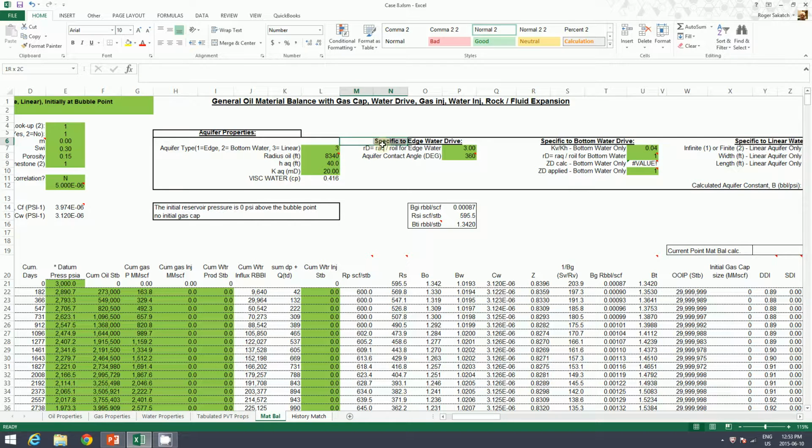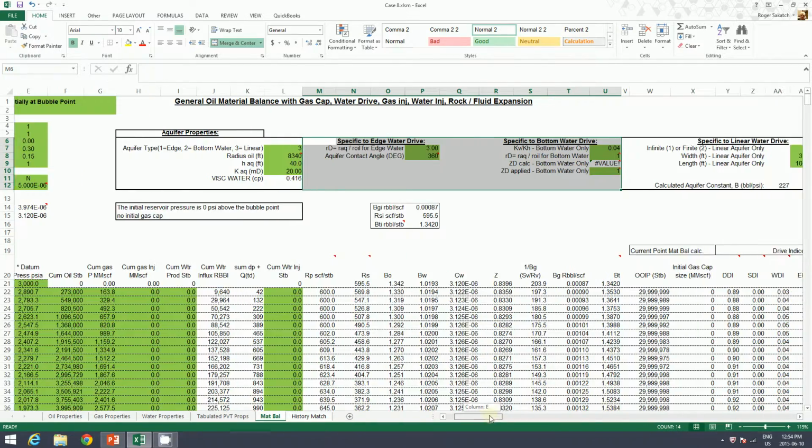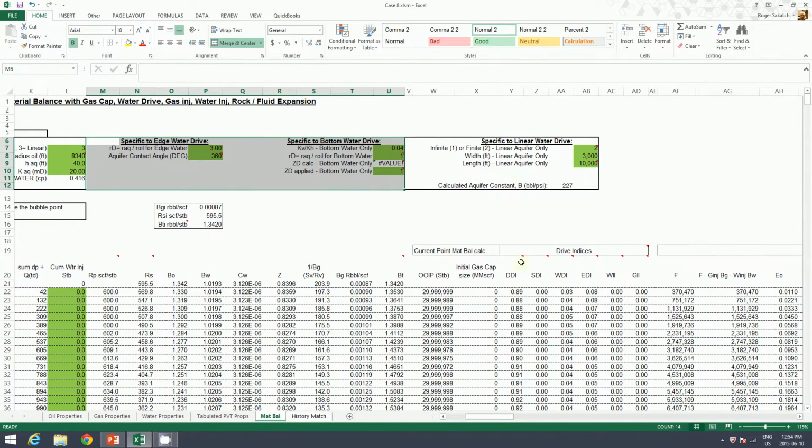Okay, because we're dealing with that linear drive, this particular group of cells are not impacting the analysis in any way. And it's only this last one here, which is specific to the linear water drive, that we're going to be using.